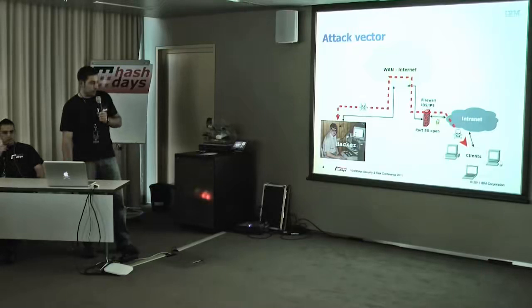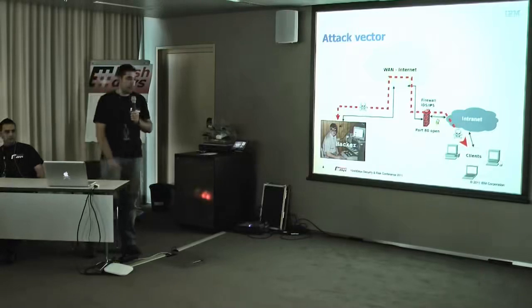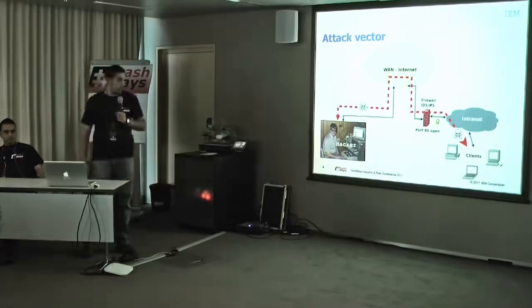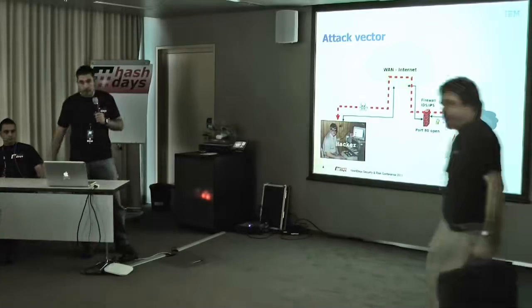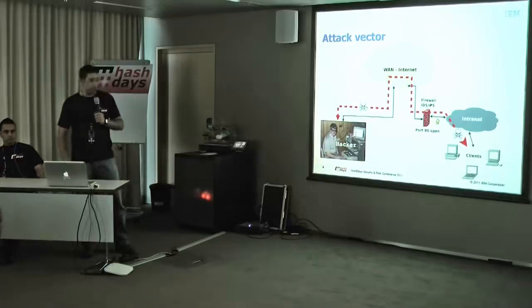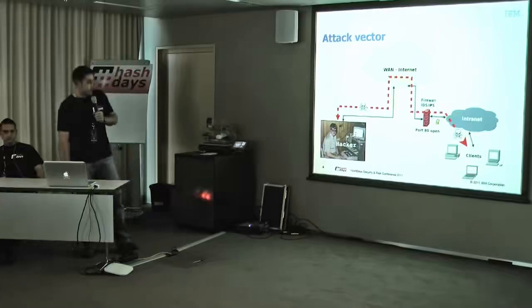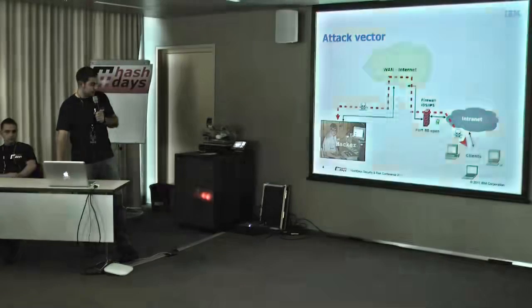With that code running within the intranet, he will be able to work around the firewall, IDS, IPS, all the passive detection systems that can be in the intranet, because the intranet is secure, isn't it? So he's going to do that through the internet. So this is basically the idea of this presentation.